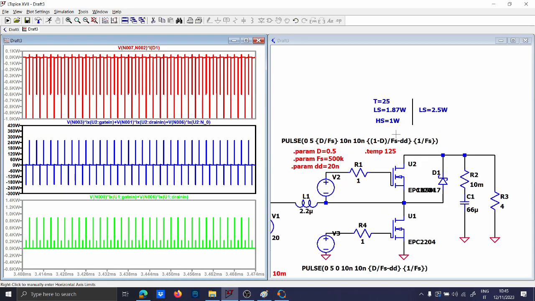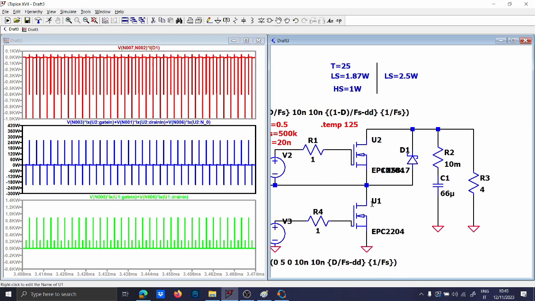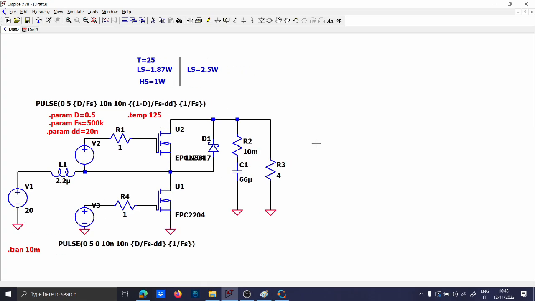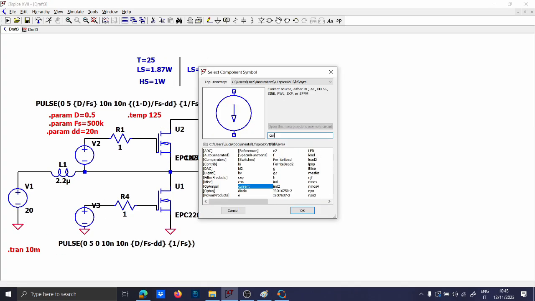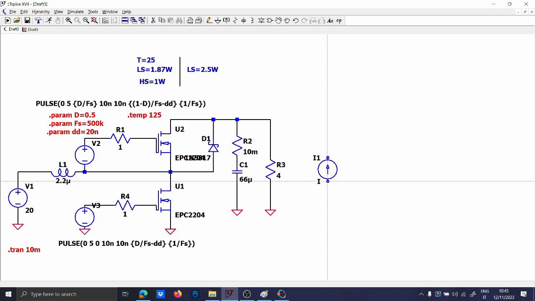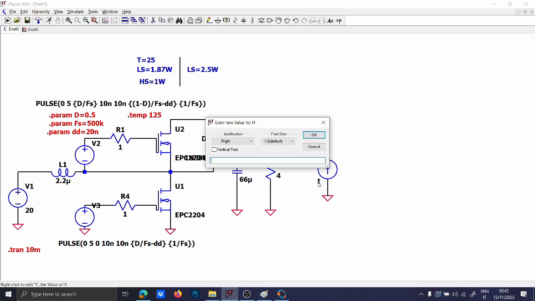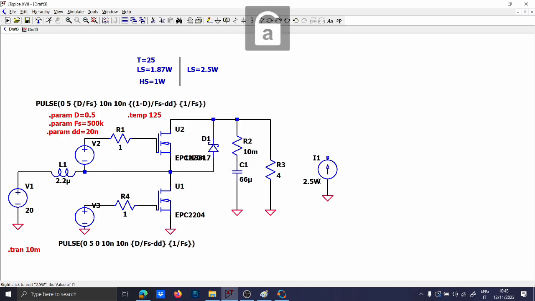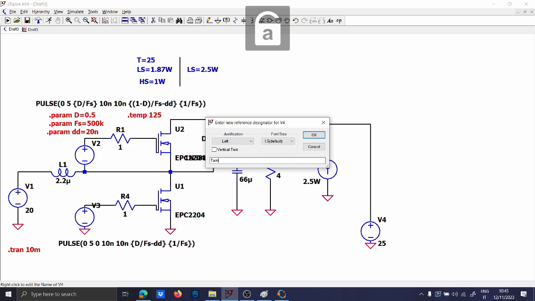So now let's use this data for the low side, and let's see how much we have to dissipate. So let's put a current generator here, and let's use this as a power loss, which is 2.5 watts. Now let's use the voltage here, which is the ambient temperature, which is 24, and this is the amp.